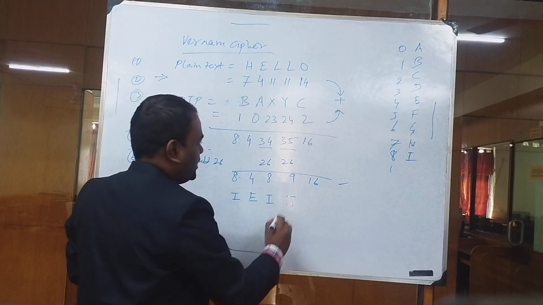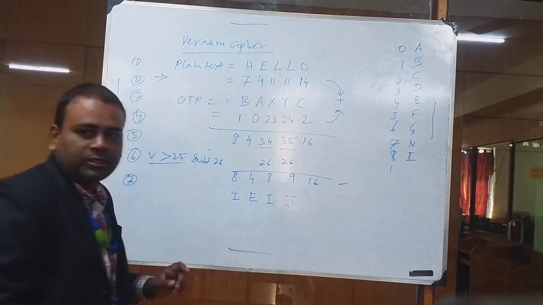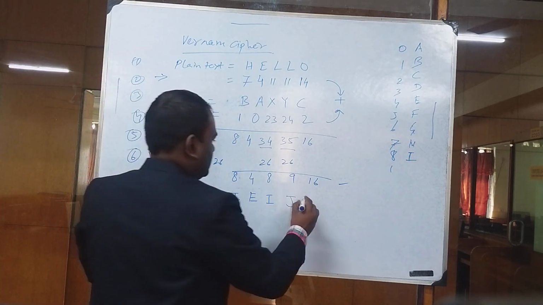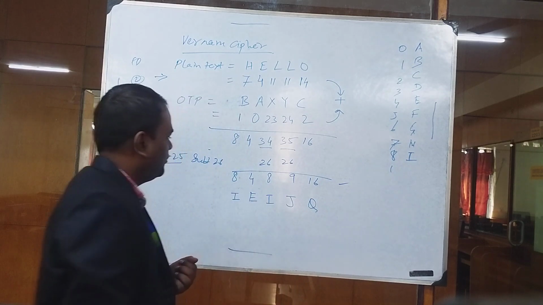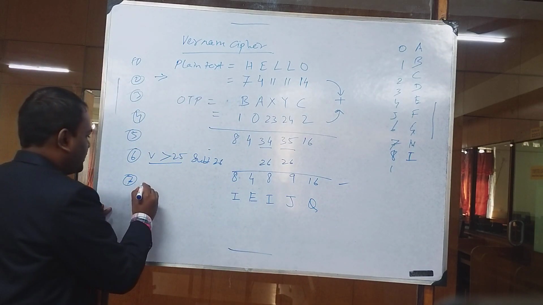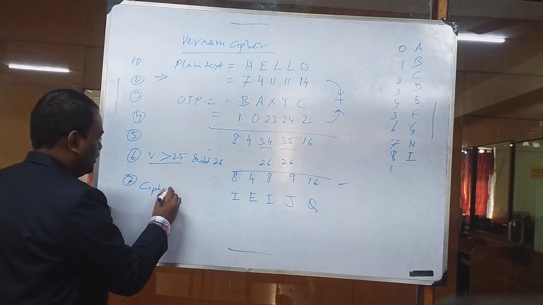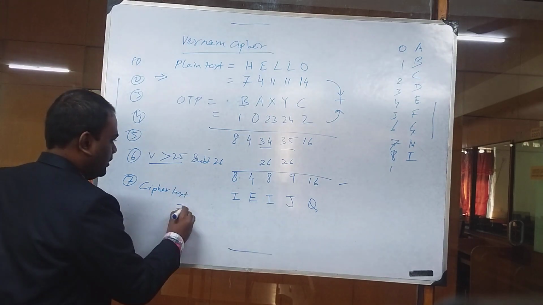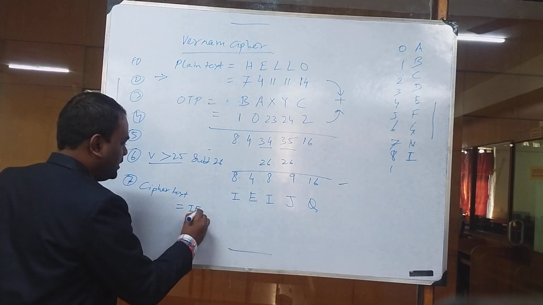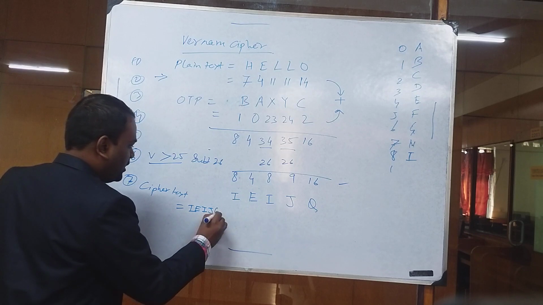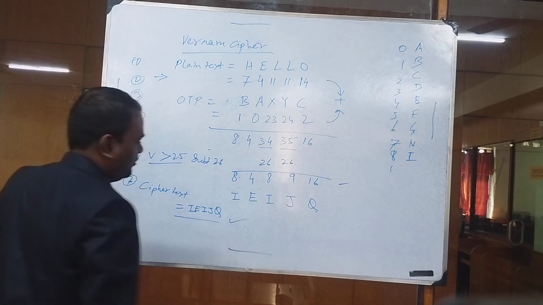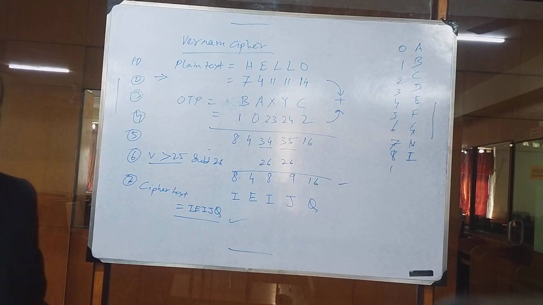At the 9th position, J is there, and at the 16th position it will be Q. So our cipher text will be I, E, I, J, Q. Clear? Easy to understand, right?